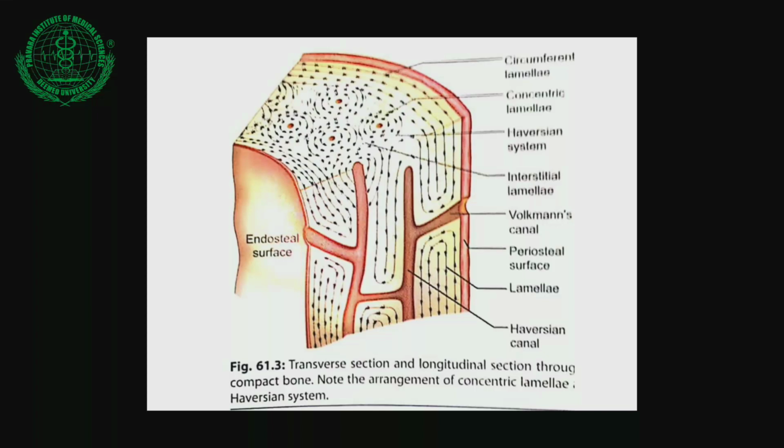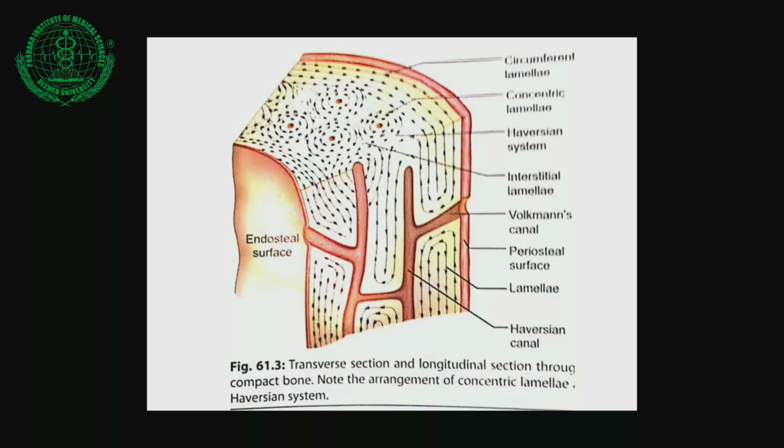In compact bone, the collagen is arranged in concentric layers around the Haversian canals. The diagram shows you Haversian canals, Volkmann's canals, and the structures called lamellae.